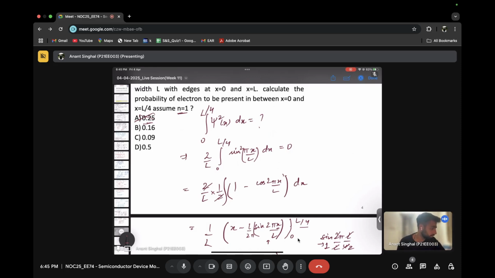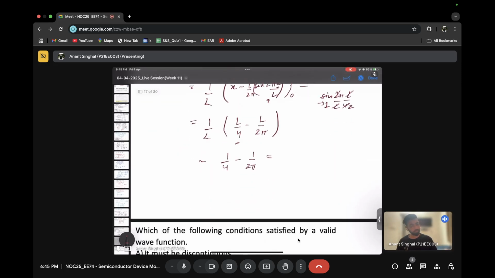Okay, let me also use the calculator if I can. So 1 divided by 2 pi. It cannot be minus. It is 2 pi. Probability cannot be negative. 2 divided by pi.